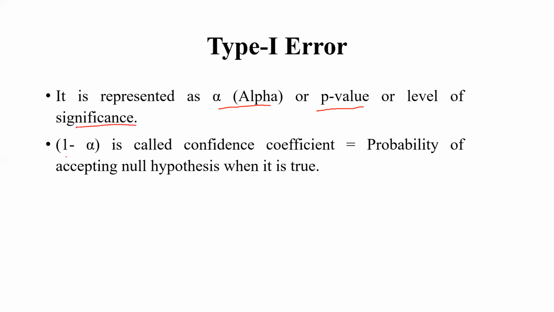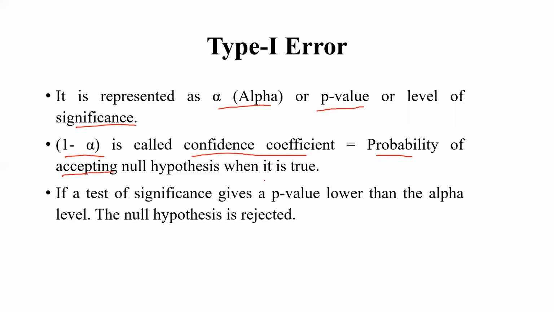And 1 minus alpha is called the confidence coefficient, or the probability of accepting the null hypothesis when it is true. In other words, if a test of significance gives a p-value lower than the alpha level, the null hypothesis is rejected.